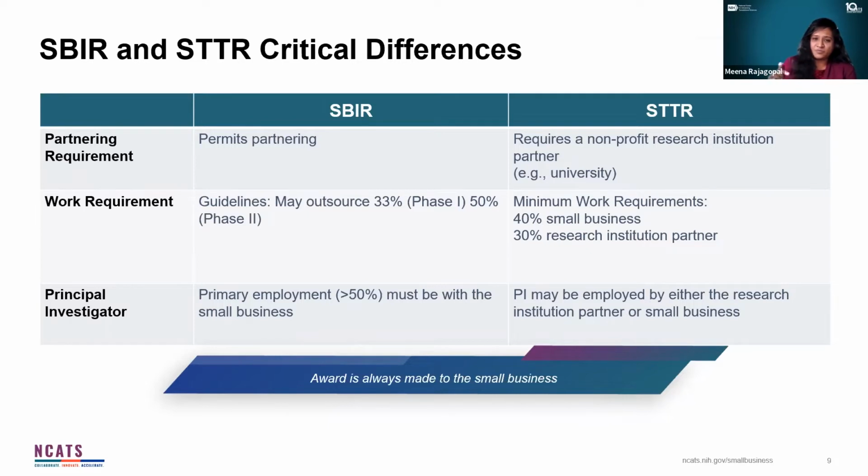Under the STTR program, there is a minimum work requirement, and at least about 40% of the work must be carried out at the small business, and a minimum of 30% of the proposed work must be carried out at the research institute. But the key takeaway from this slide is the line at the very bottom, which says that no matter which program you apply under, the SBIR or the STTR, the award or the money always goes to the small business.